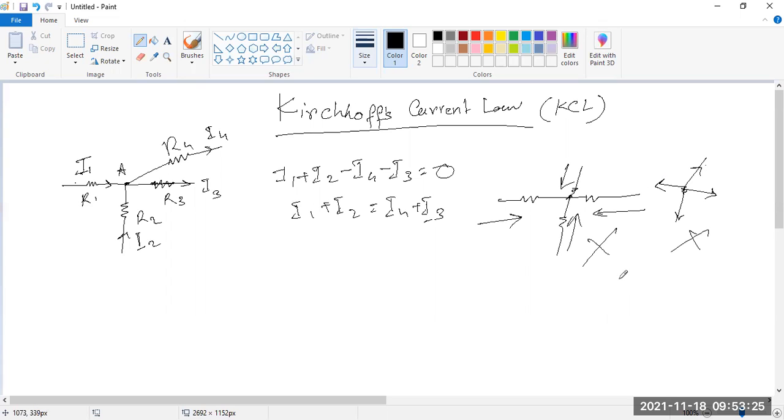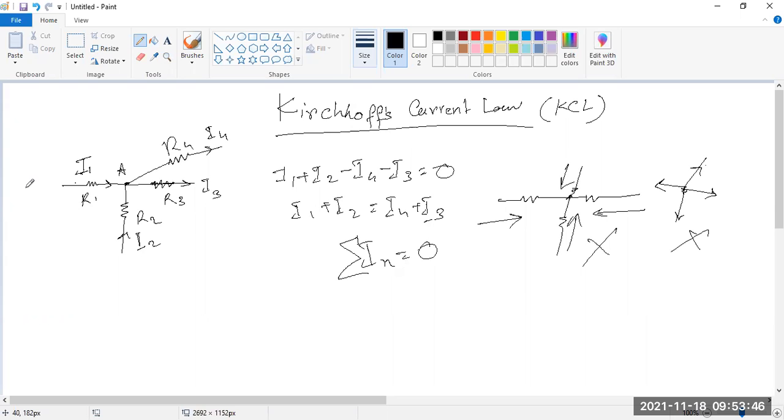So as per Kirchhoff's current law, or KCL, the summation of all current is equal to 0. This is the main statement of Kirchhoff's current law.